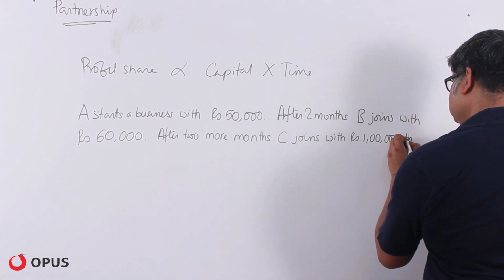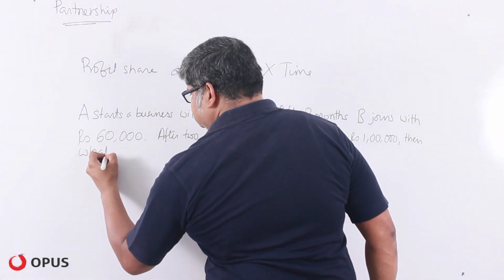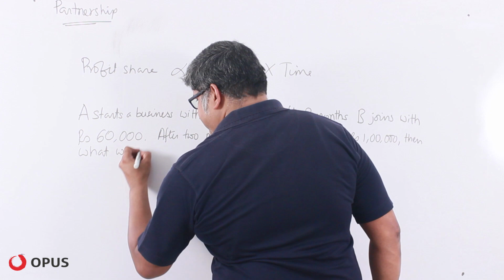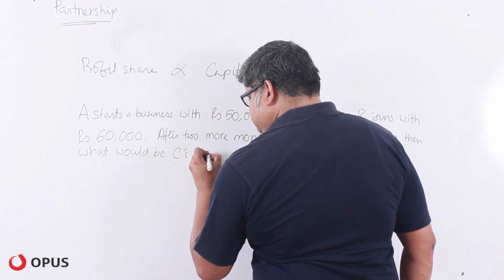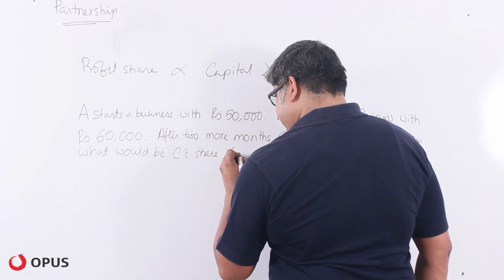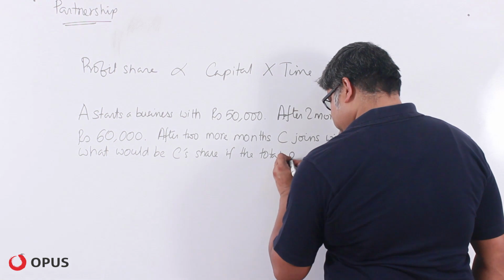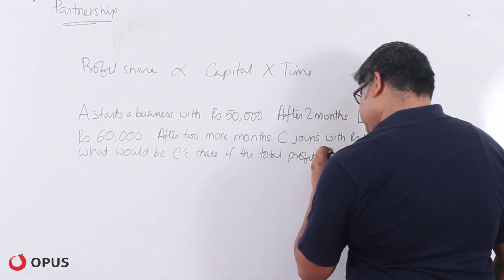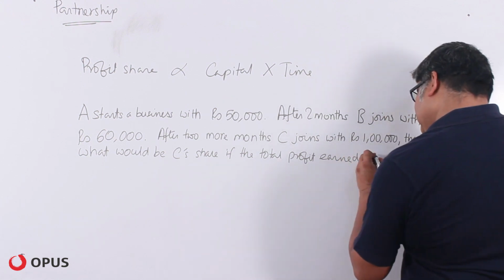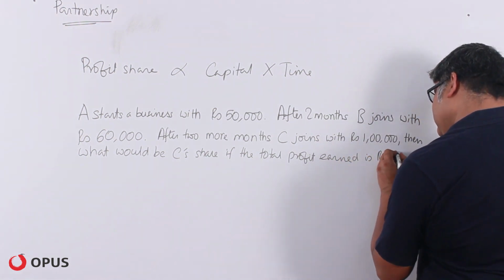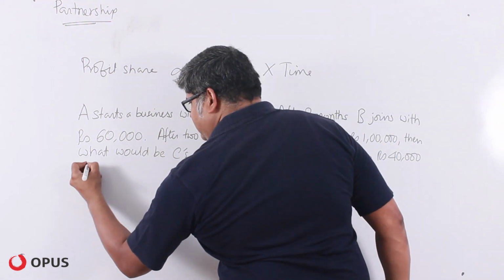Then what would be C's share if the total profit earned is rupees 40,000 at the end of the year.